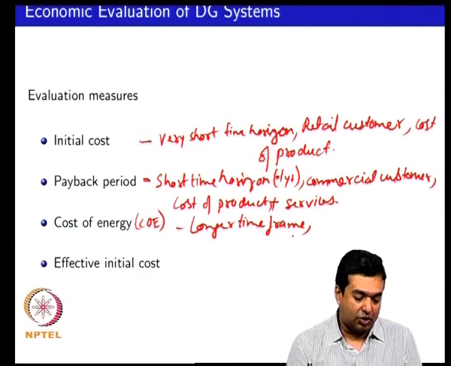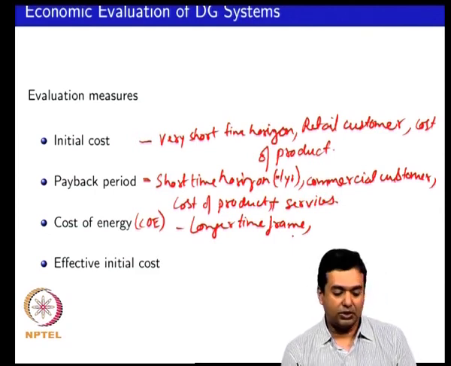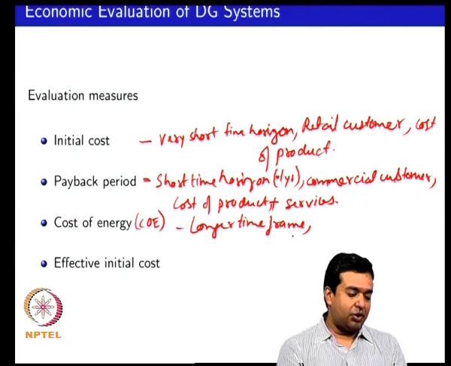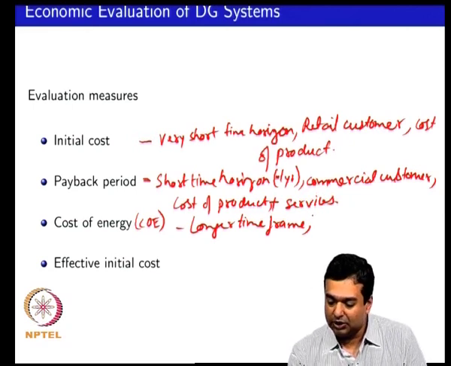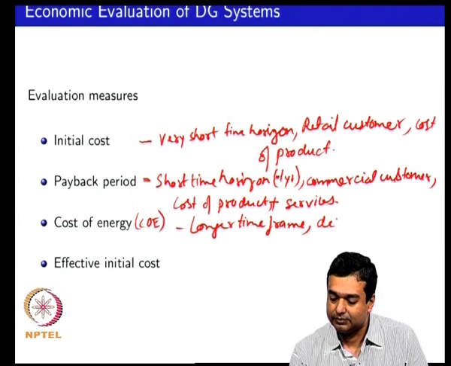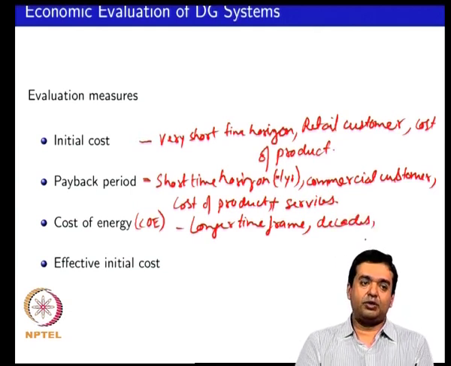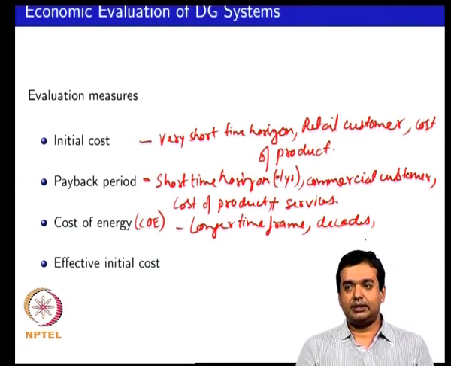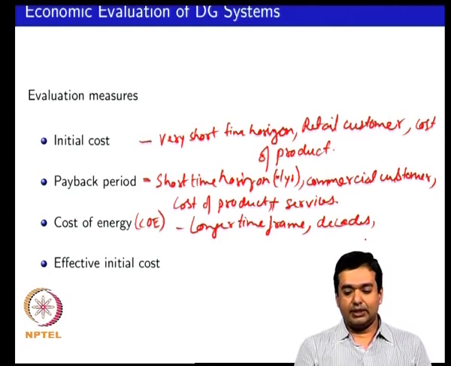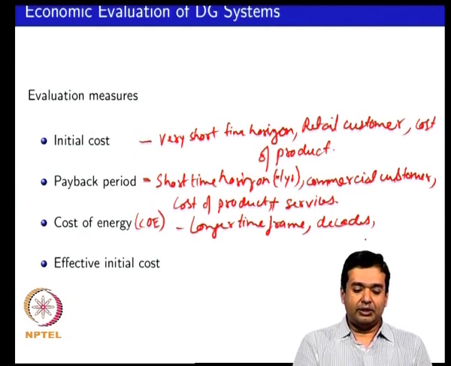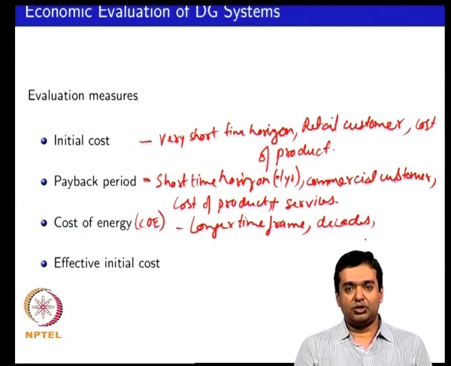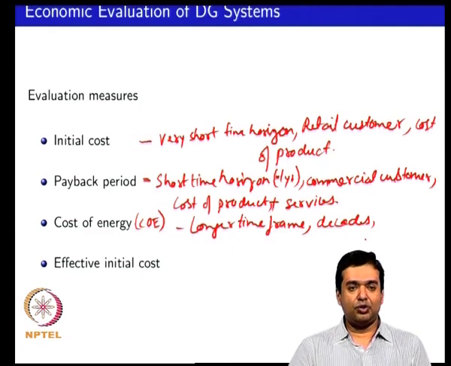So, when you are talking about the longer time frame, you could also look at it from a design point of view. You might be talking about decades, and say if you are looking at your existing cost of energy, and if you are looking at introducing a particular source into the system whose cost is going to be twice the existing cost over the next 1 decade, you know that your costs are going to actually ramp up over the decade.